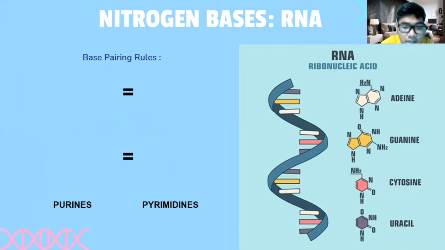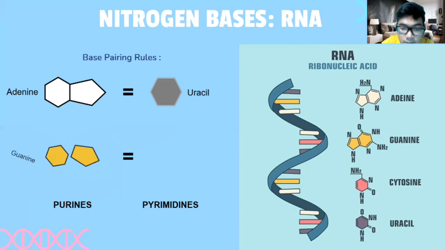One big difference in RNA is its structure and the types of nitrogenous bases that RNA has. The first one is the same, adenine, except adenine has a different partner in RNA than it does in DNA. Adenine, instead of pairing with thymine, is going to pair with a molecule called uracil.